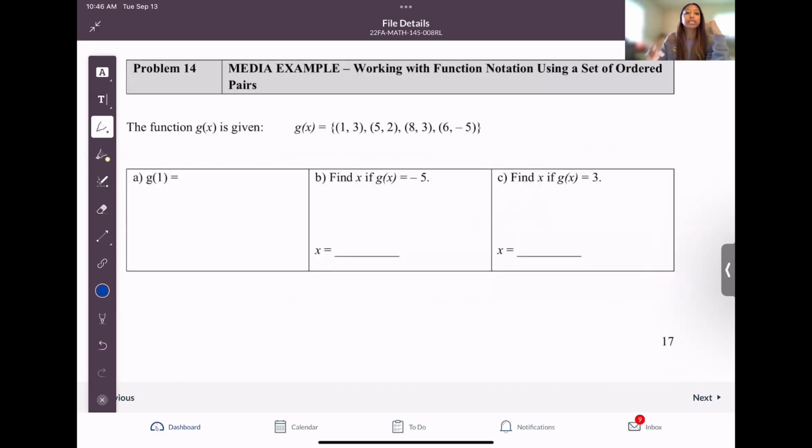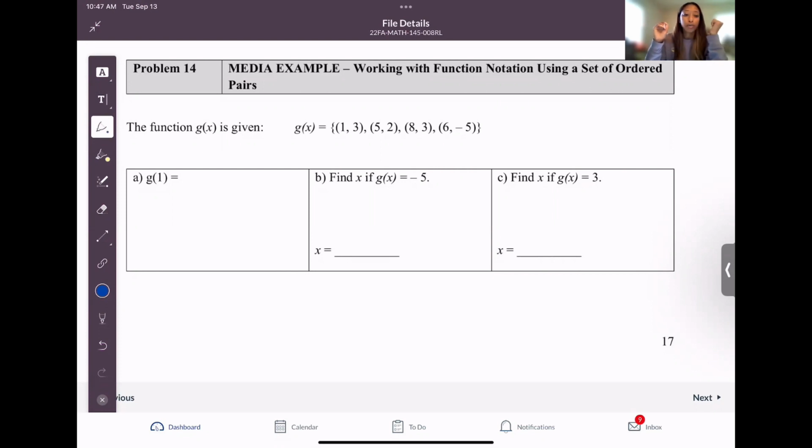In example 14 here, we are given not the function rule, but a bunch of ordered pairs for a function g. So g of x is the set of ordered pairs (1, 3), (5, 2), (8, 3), and (6, -5). Remember, for an ordered pair, the first coordinate represents the x value, the second coordinate represents the y value.